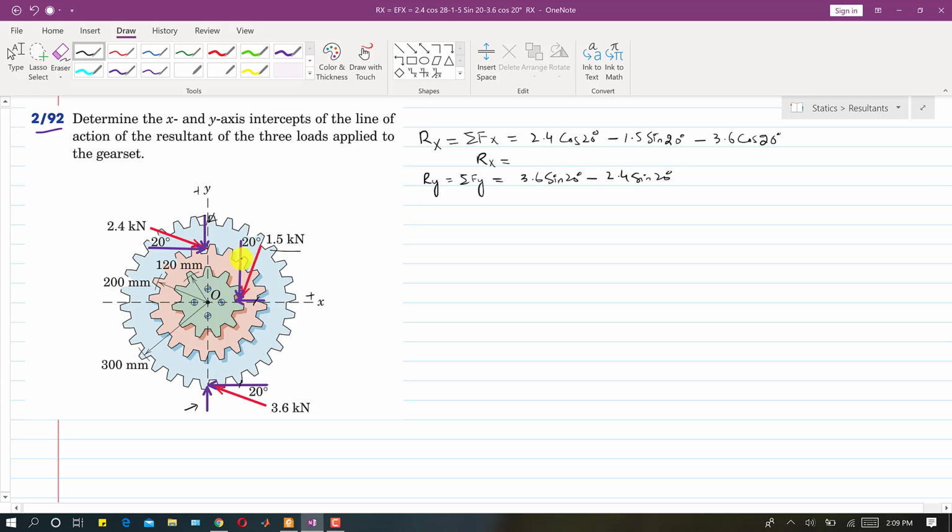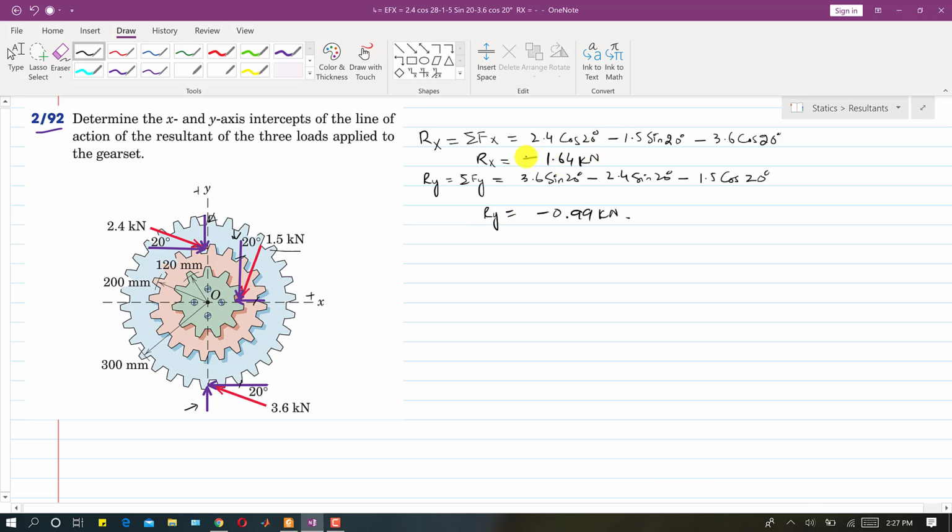Similarly, this component is the cos component, and it will also be in the negative direction, so minus 1.5 cos 20 degrees. This will give us Ry.